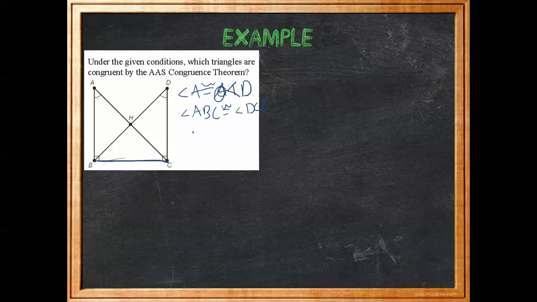And then what we've already said, BC is congruent to BC. So the triangles that we can prove are congruent are triangle ABC is congruent to triangle DCB.